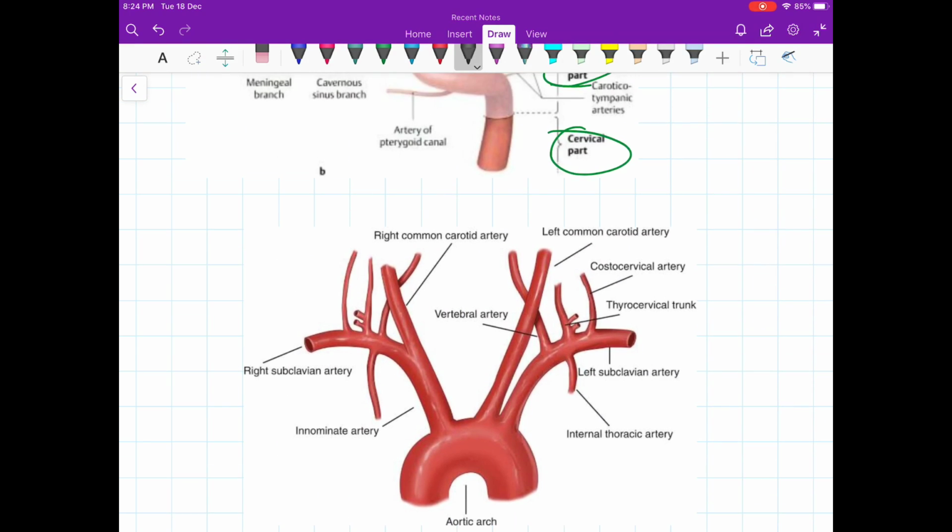Now friends, let us discuss the subclavian artery. What are the branches of subclavian artery?